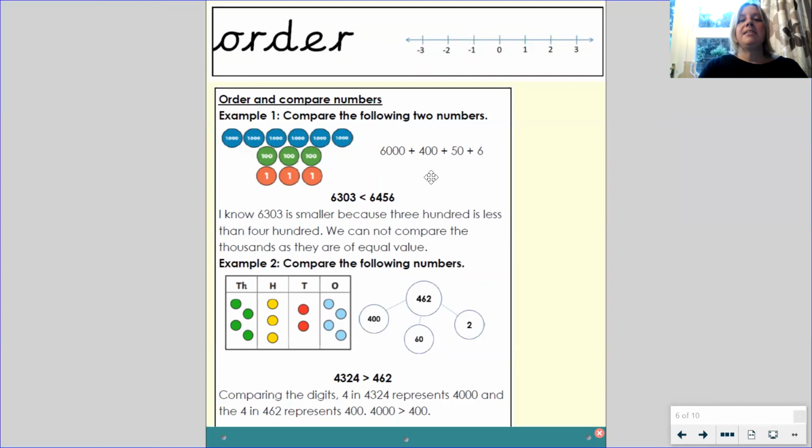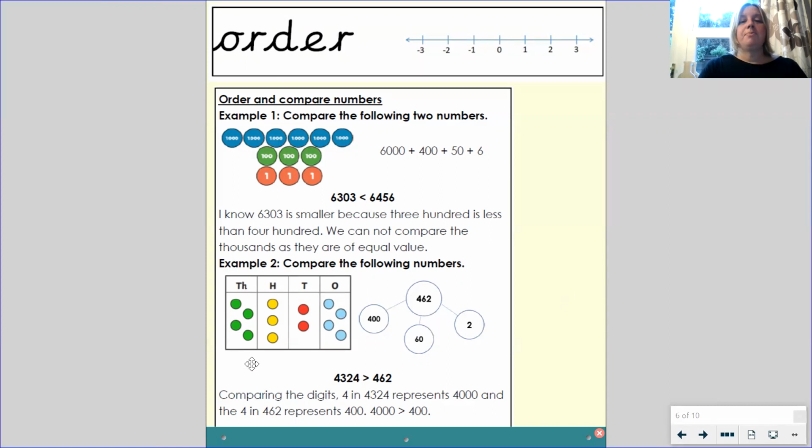I can say 6,303 is less than 6,456. I know 6,303 is smaller because 300 is less than 400. We cannot compare the thousands as they are of equal value.